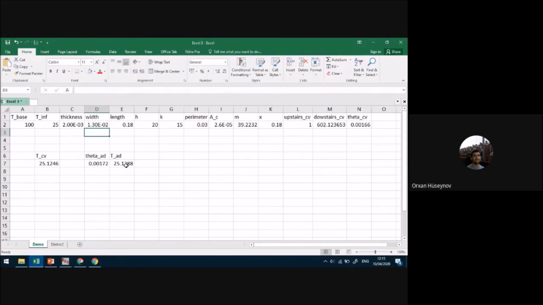So if this thickness to width ratio is very small, we can approximate it as an adiabatic tip.